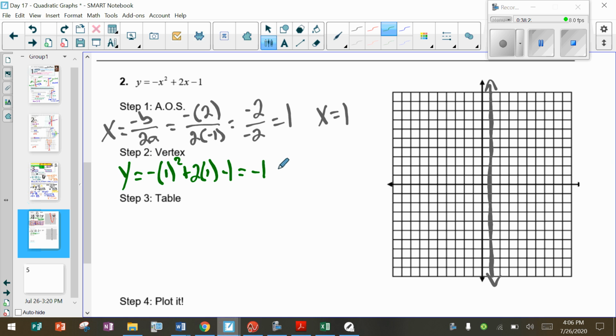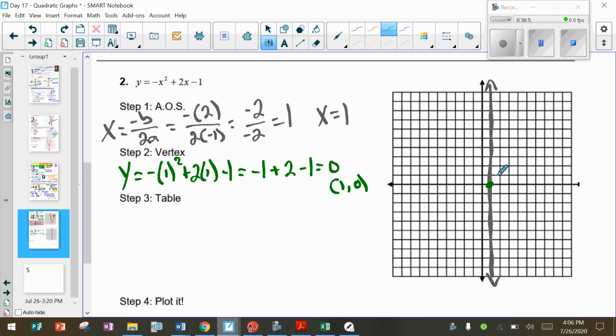So I end up with negating 1 squared, which is negative 1. 2 times 1 is 2. And then a minus 1 at the end. This ends up positive 2 minus 2. So it's 0. So our vertex is at the point 1, 0. That's our turning point.